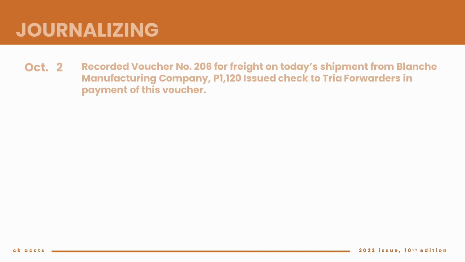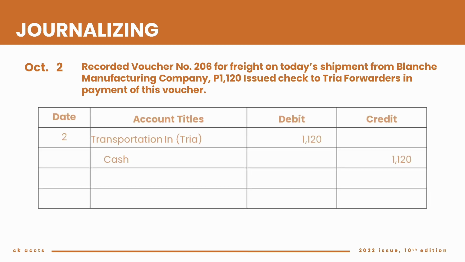So the second one, for October 2, recorded voucher number 206 for freight on today's shipment from Blanche Manufacturing Company, 1,120. Issue check to TRIA forwarders in payment for this voucher. So our journal entry for this one, we debit transportation in and credit cash na 1,120.